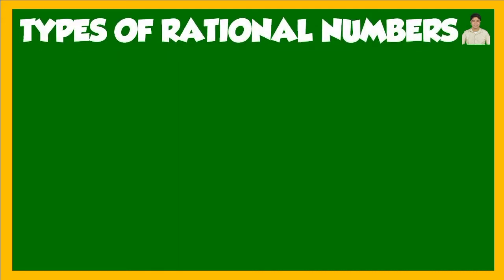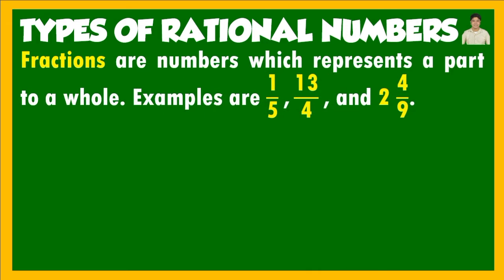So as I've mentioned, fractions and decimals. So fractions, these are numbers which represent a part to a whole. Examples are 1/5, 13/4, and 2 and 4/9. So, yung mga examples natin yan, yung 1/5 is an example of a proper fraction.